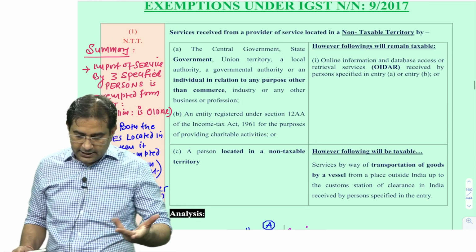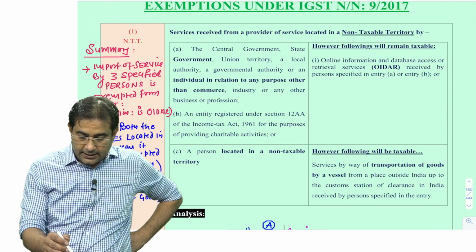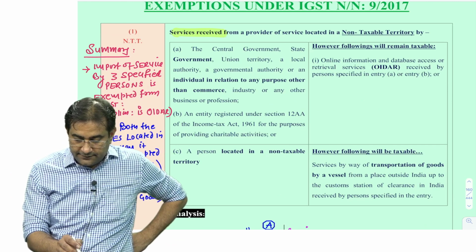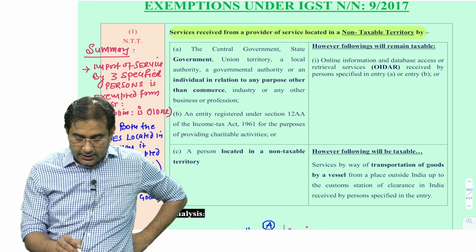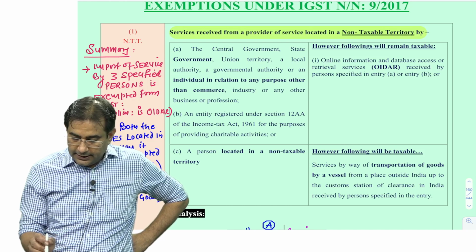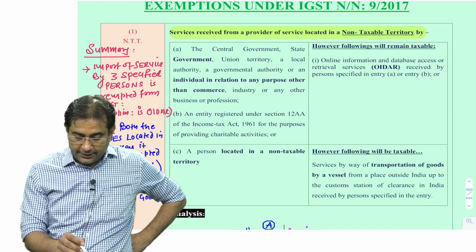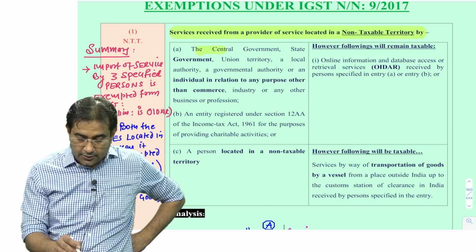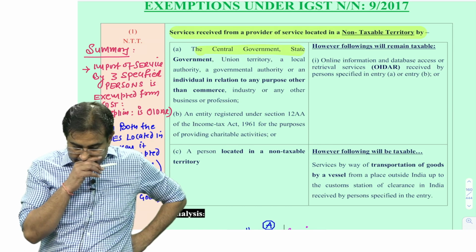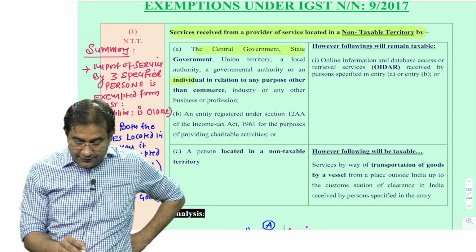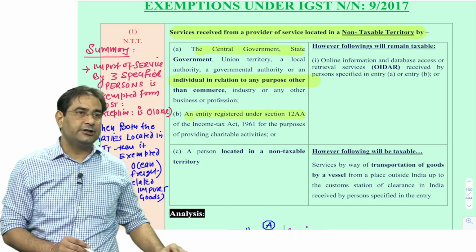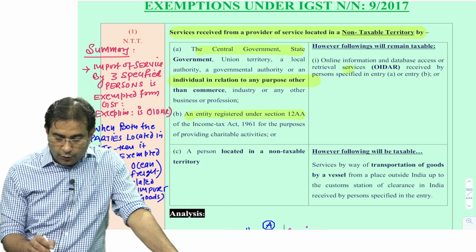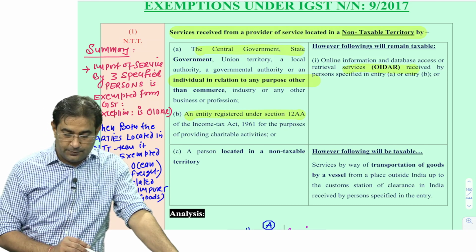And here is the legal text thereof. Service received from a provider of service which is located outside India and in non-taxable territory by, who is the service recipient? Government departments, an individual for personal use, and charitable trust. These are the 3 specified persons, and OIDAR is the exception of this point.